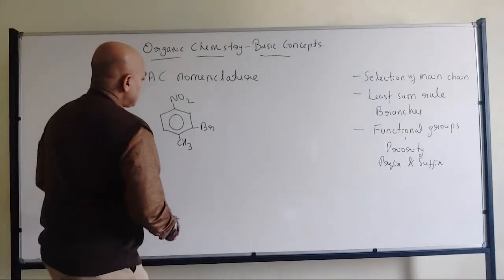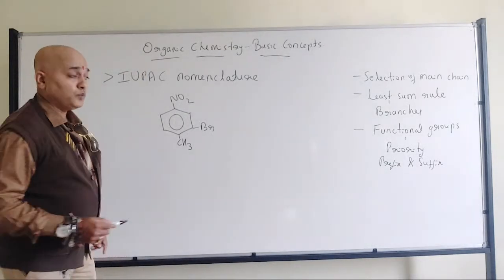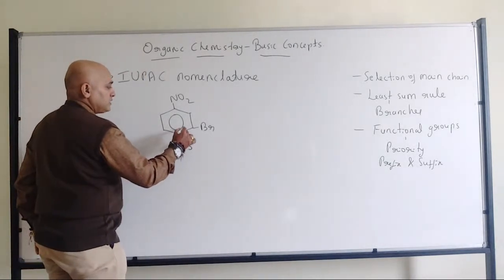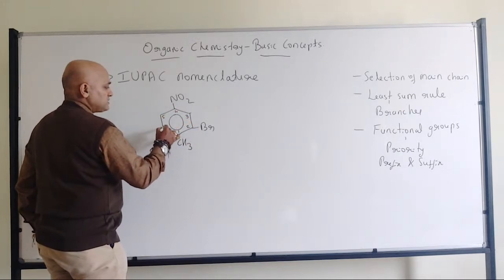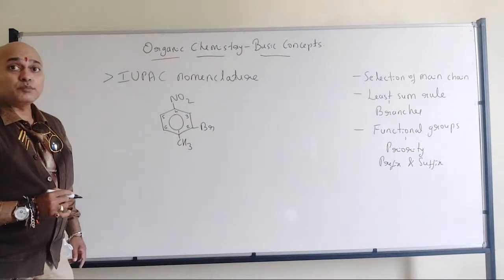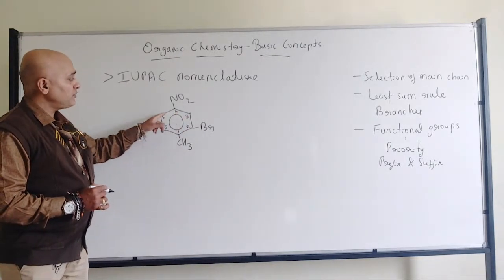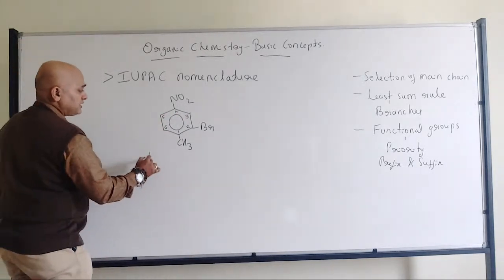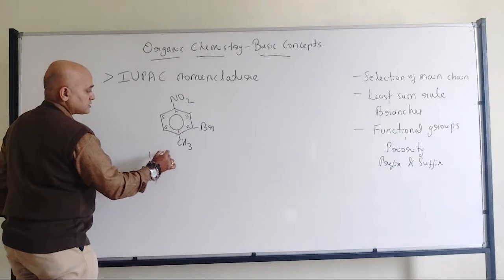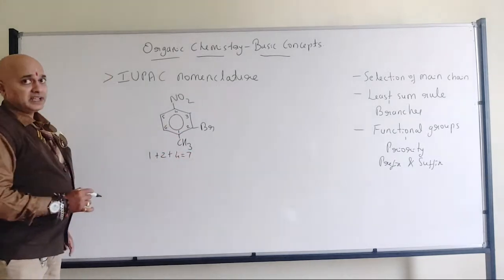Now, we can write this molecule as usual, by the least sum rule. So 1, 2, 3, 4, 5, 6. That's how I have numbered it. So if I add, I am going to get 1 plus 2 plus 4, 7. Okay?